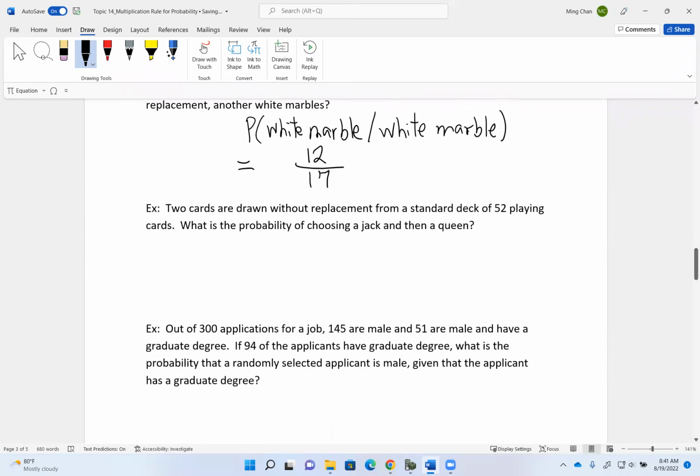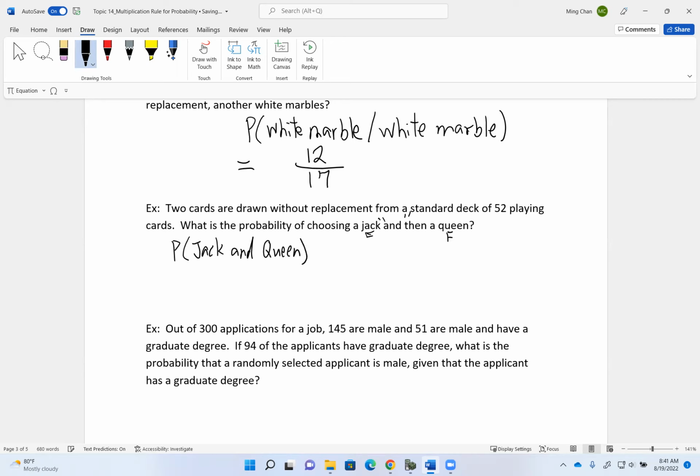Two cards are drawn without replacement from a standard deck of 52 playing cards. What's the probability of choosing a jack and then a queen? Your first event is finding a jack. The second event is selecting a queen. So this question is asking the probability of getting a jack and a queen.